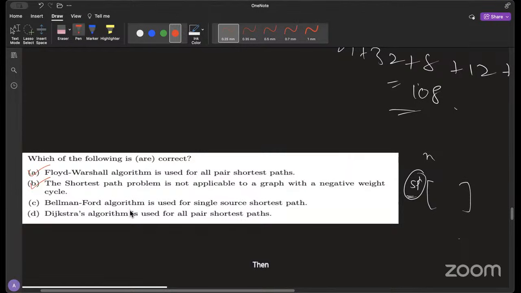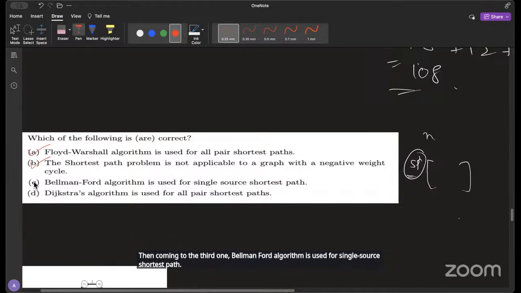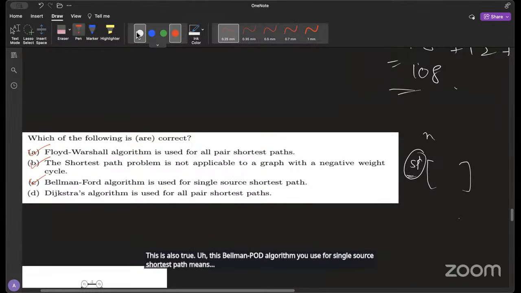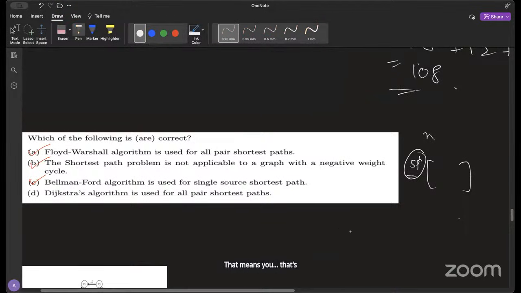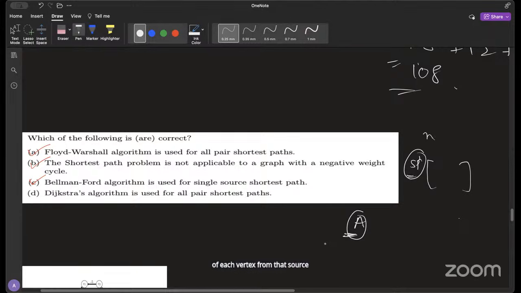Then coming to the third one, Bellman-Ford algorithm is used for single source shortest path. This is also true. Single source shortest path means shortest path from a single source. That's what we do in Bellman-Ford, right? We pick a source, or we are given a source, and then we try to find the shortest distance of each vertex from that source vertex.